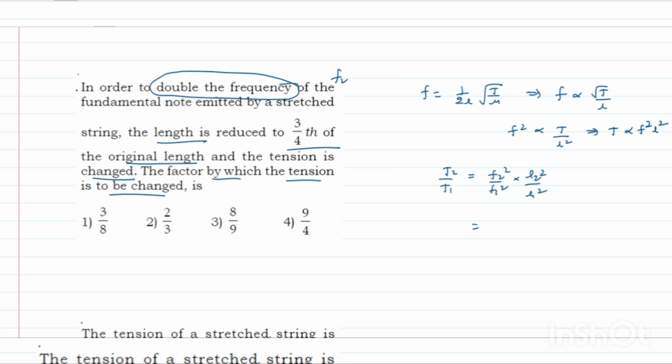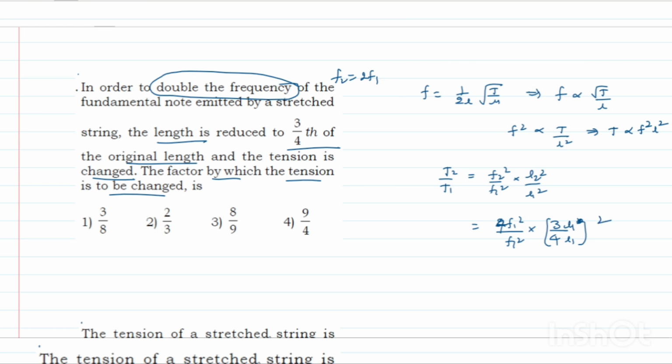That doesn't mean F2 equals, you can take as 2F1. And here, 2F1 whole square, that is 4F1 square by F1 square into L2, which is reduced to 3 by 4th of its length. So here you can take 3 by 4 of L1, whole square.